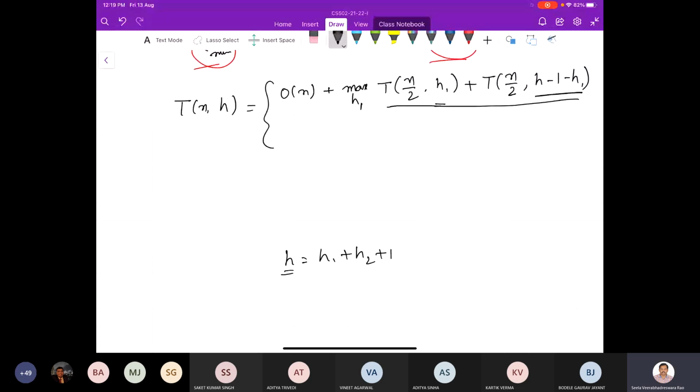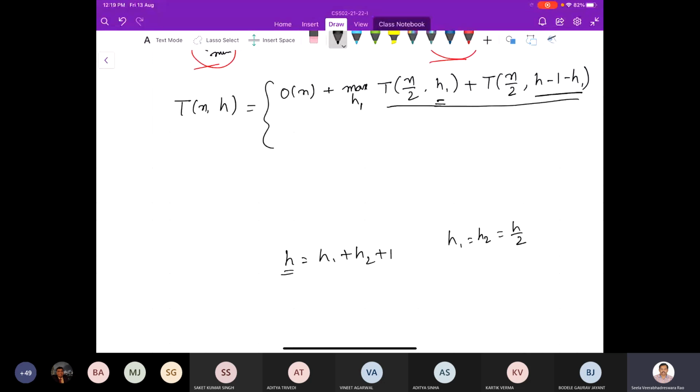Suppose for example in the divide and conquer strategy, you are dividing the problem every time into equal parts, then h1 also h2 also becomes h by 2. If you are dividing the problem into two equal parts, of course we don't know if you have to find an equal number of edges on either side or not. One may be bigger than the other one.